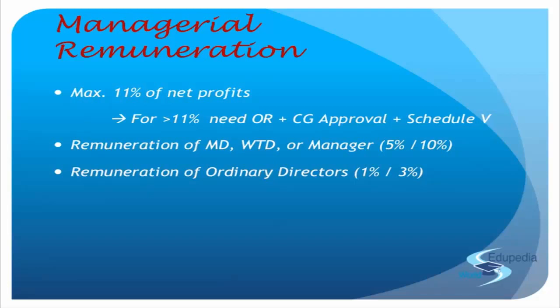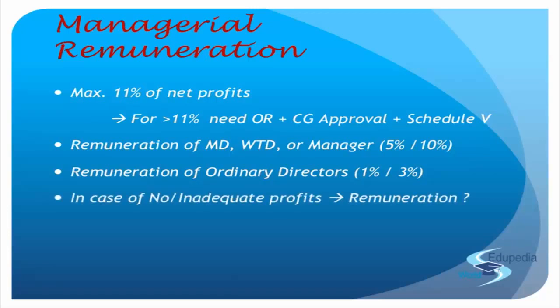So remuneration of ordinary directors, 1 and 3%, we have seen. But mind you, this remuneration is to be exclusive of sitting fees. Remuneration and sitting fees are two different things. We'll cover what remuneration is later in the chapter, Section 197 subsection 6.